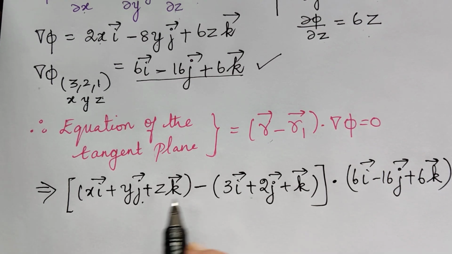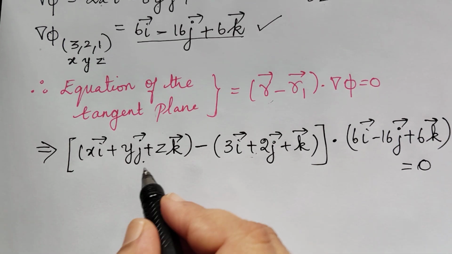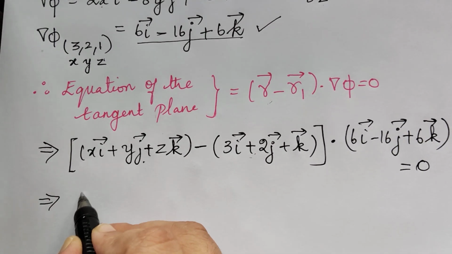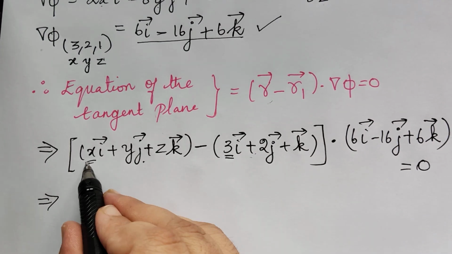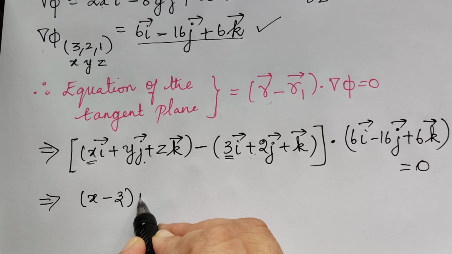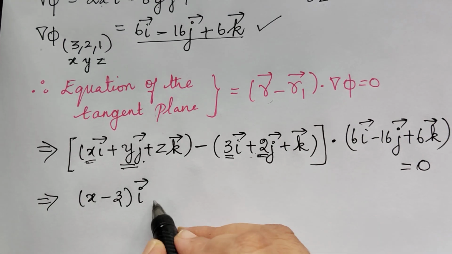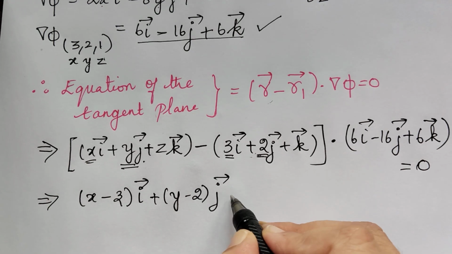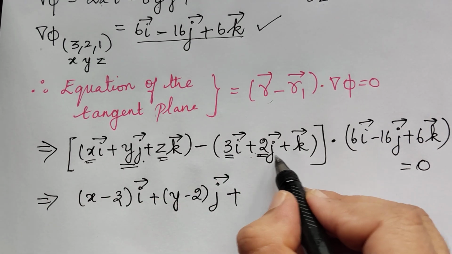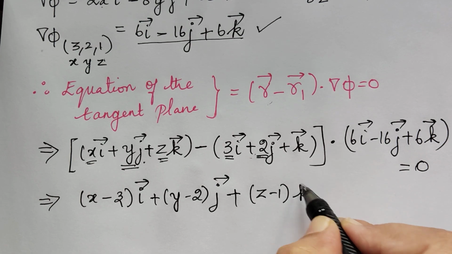Now first we will do this subtraction, and this is equal to 0. So on subtracting we get, component wise we have to do the subtraction, x minus 3 i vector. Next we have y minus 2, so plus y minus 2 j vector plus z minus 1, so z minus 1 k vector.